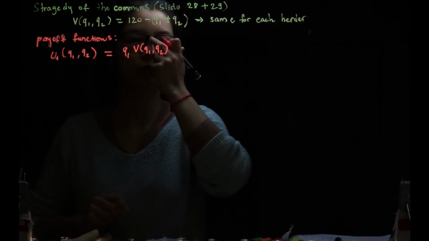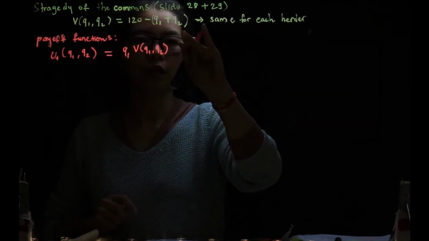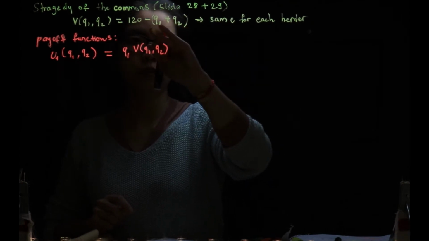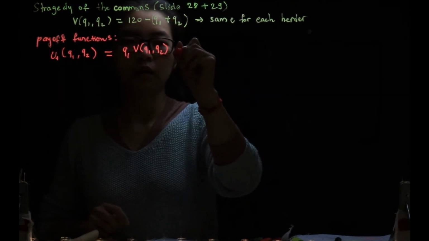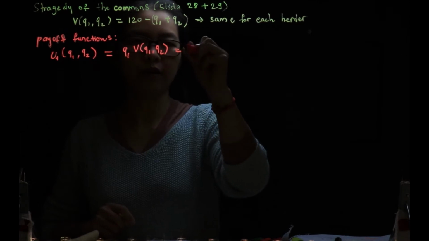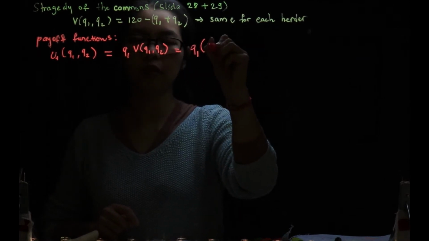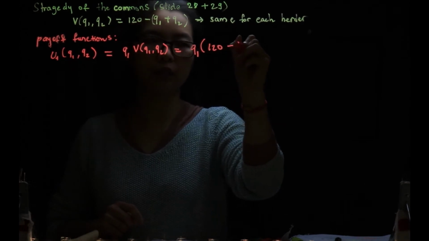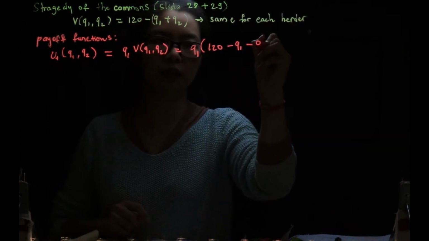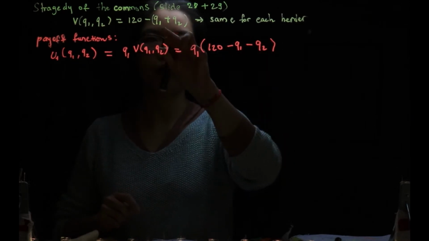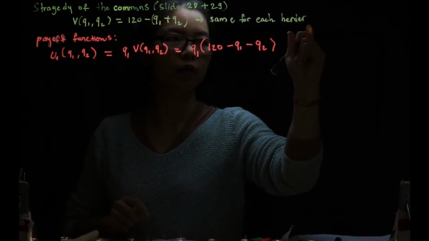Now, so this is the common strategy. Equals, just plug the value in, Q1 times (120 minus Q1 minus Q2), right? I open this bracket here.